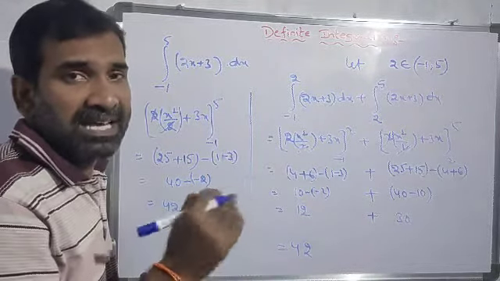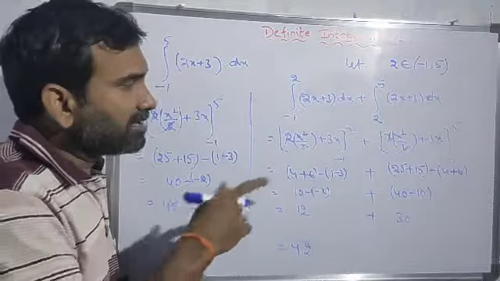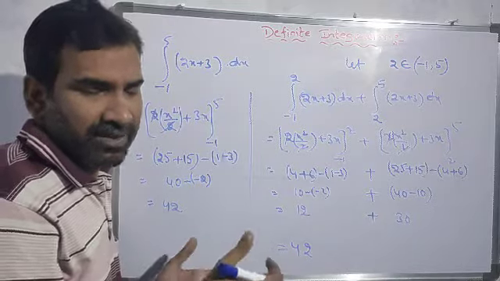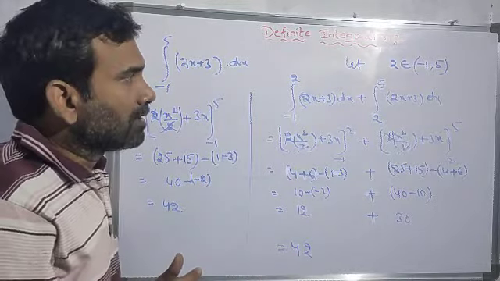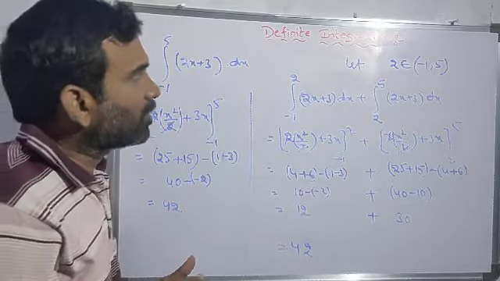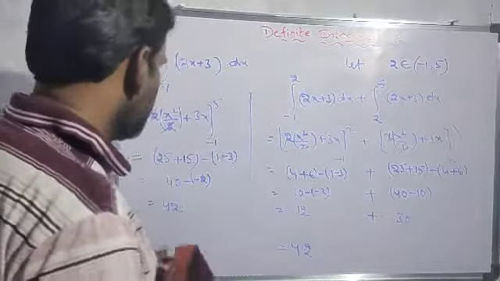That means c compulsorily lies in between a and b. Then this rule will exist. It will be applicable.